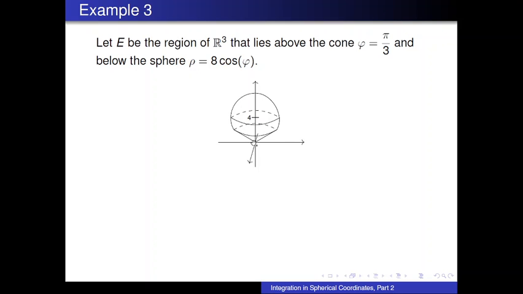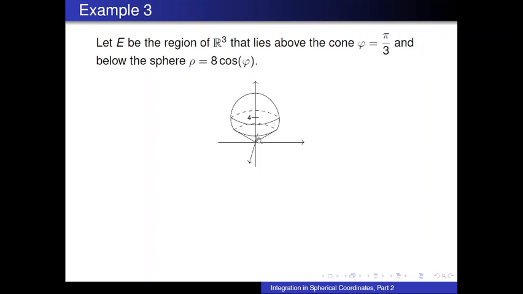What's our upper bound going to be for rho? Well, it looks like we start at rho equals 0. And for phi equals 0, along the z-axis, rho goes from the origin, 0, to 8 cosine of phi. And as we keep moving along phi-wise, as phi increases, our radii rho still go from 0 out to 8 cosine of phi.